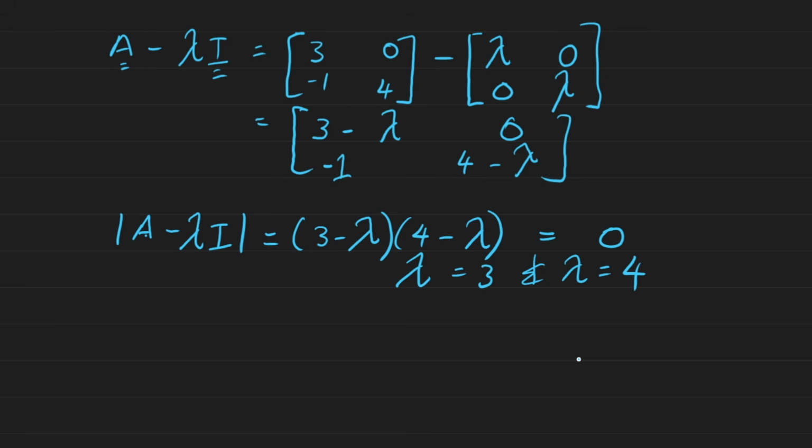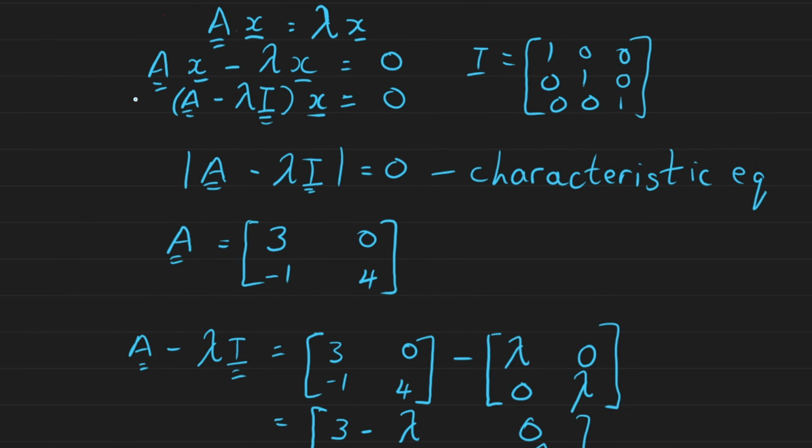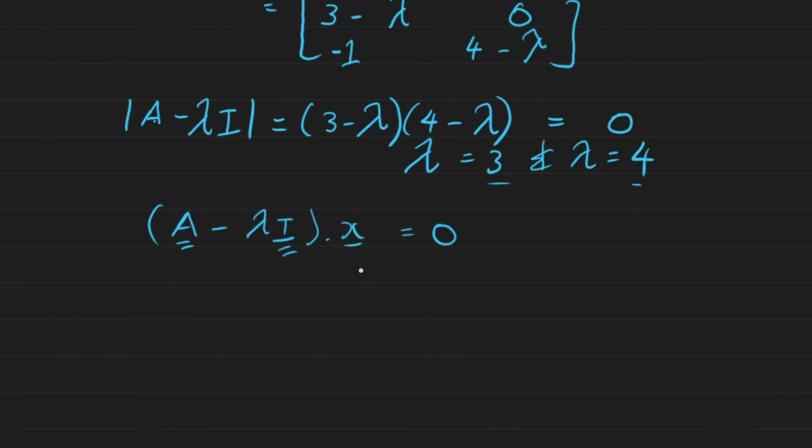So we can now determine the eigenvector, and to do that we substitute into our equation, A minus lambda I times x is equal to 0. That equation we had written here on the top, and it will allow us to determine the eigenvector, which in this case is x.